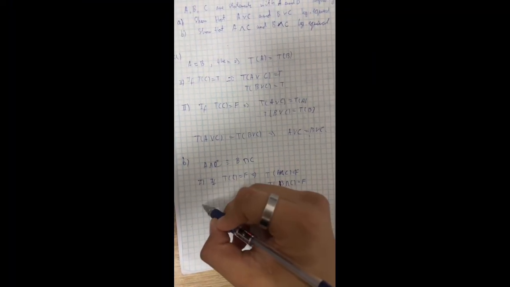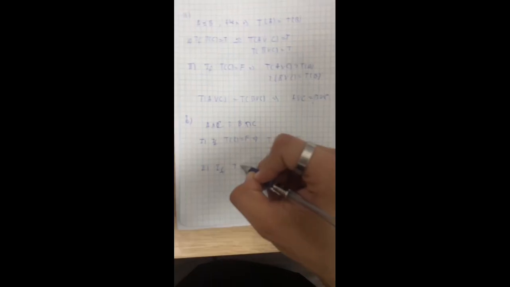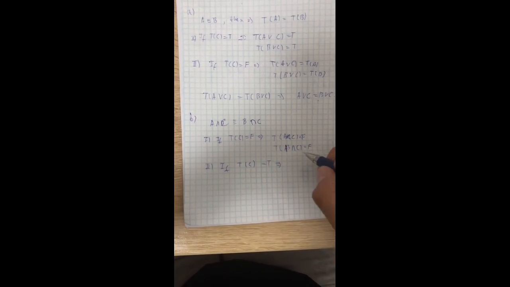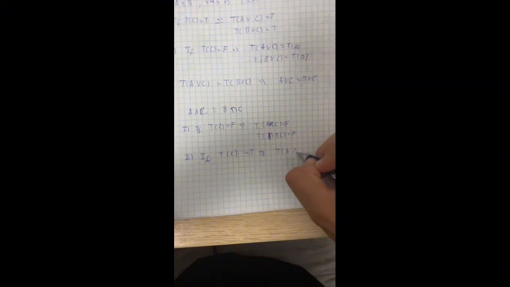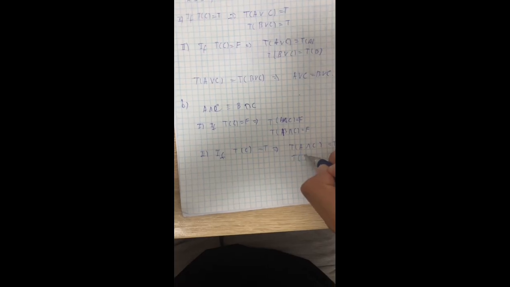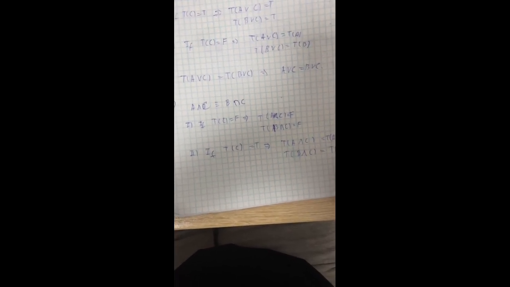The second case is if C is true, then A AND C equals A, and B AND C is also the same, and since C is true, the result is determined by the first statement.